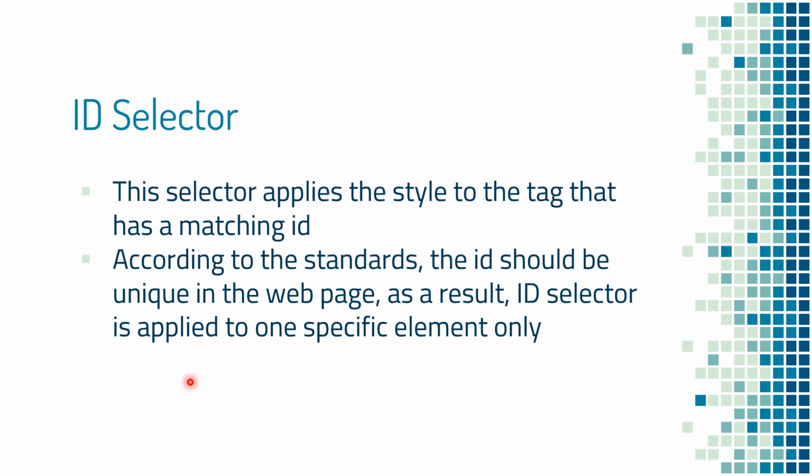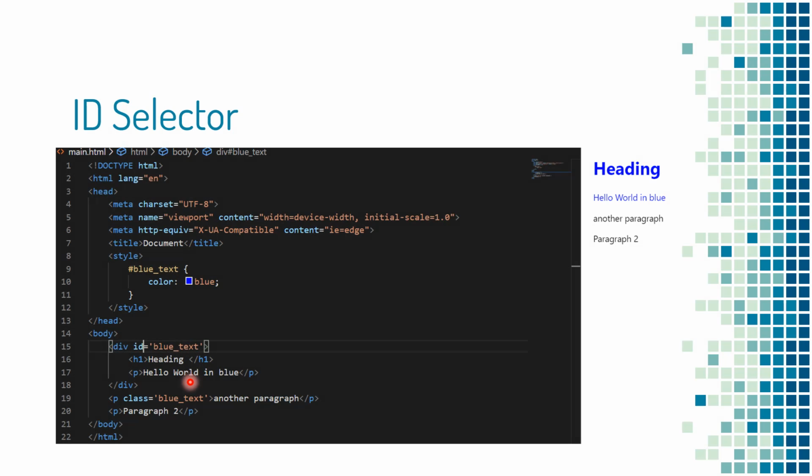It's important to remember that according to the standards, the ID should be unique in the web page. As a result, an ID selector will usually be applied on one specific element only. You cannot have two objects with the same ID. This is the standard of creating web pages.